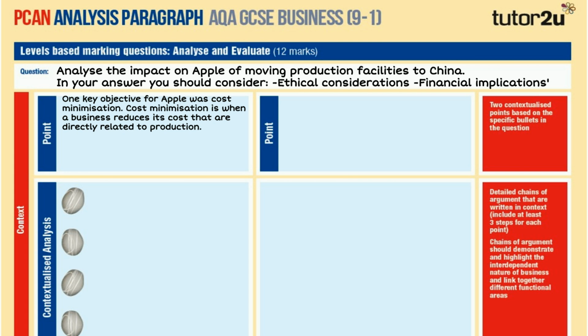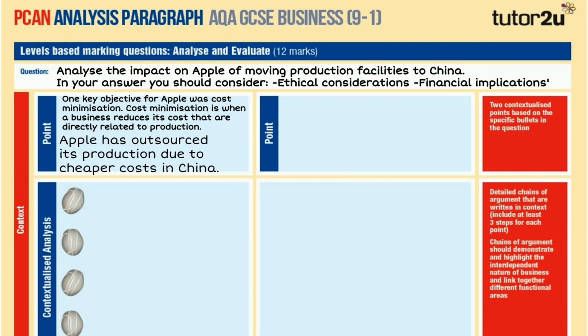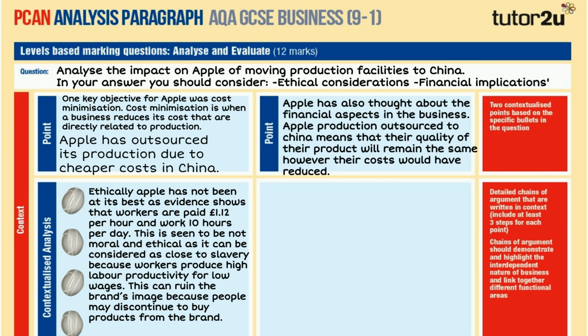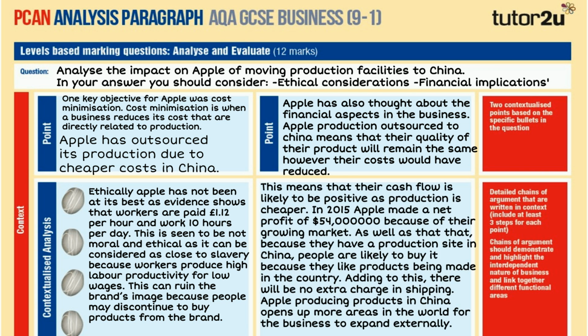Cost minimization is when a business reduces its costs that are directly related to production. And then the candidate goes on to give evidence to support their argument. And again, on the other hand, looking at the financial aspects of the business, and again, the candidate is using evidence to support their point of view.